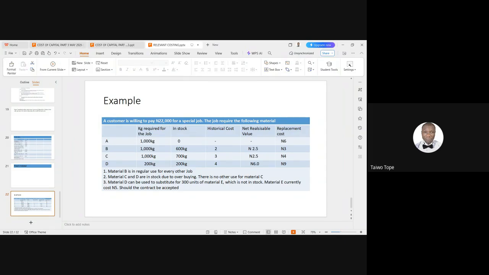Now, looking at this question, what would be the relevant cost of material B?